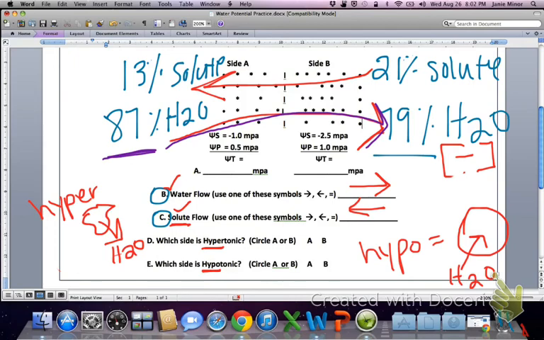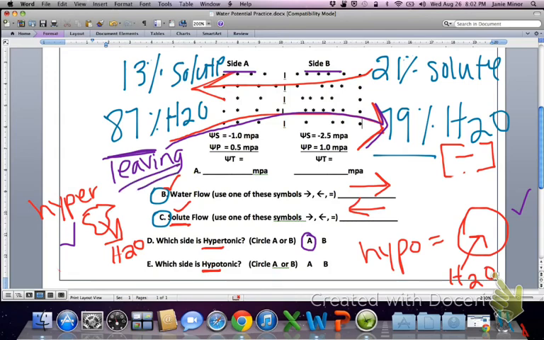It's flowing from side A and filling up side B. So that means that all the water is leaving side A. And if your water's leaving, are you going to look like a shrivelly raisin or hypo like a hippo? All your water is going to be leaving. So you would circle A, side A. All your water's leaving, it's going to shrivel like a raisin.